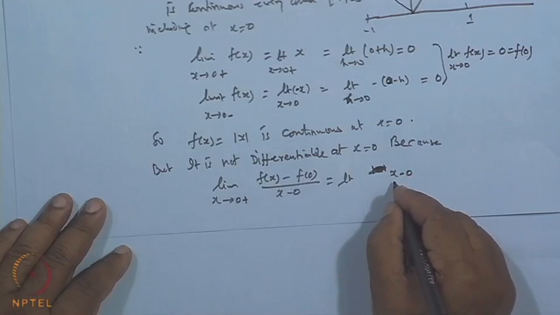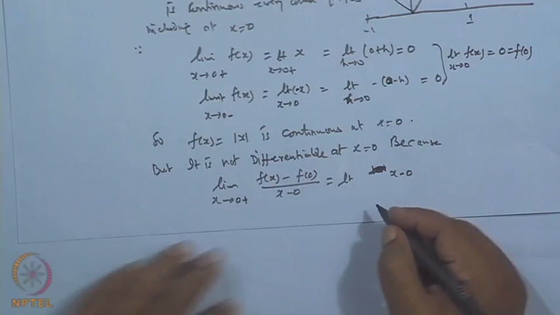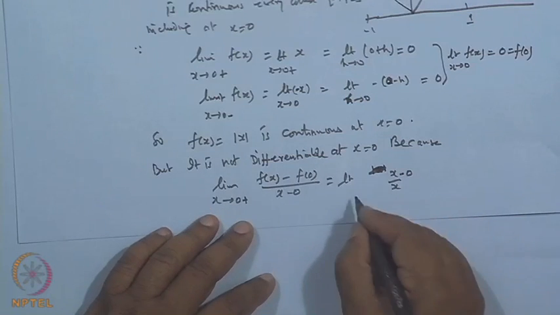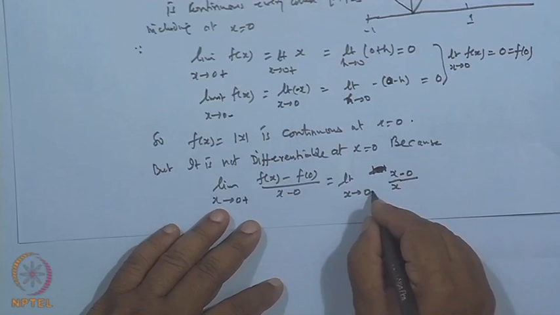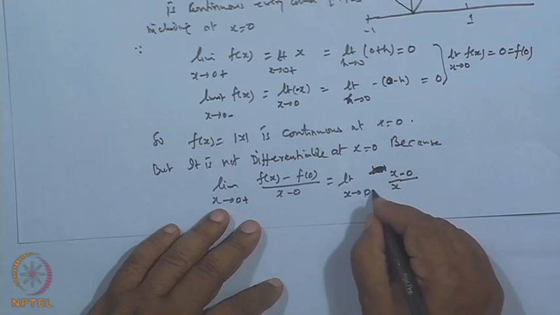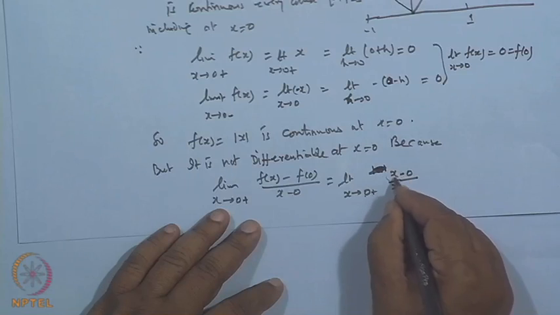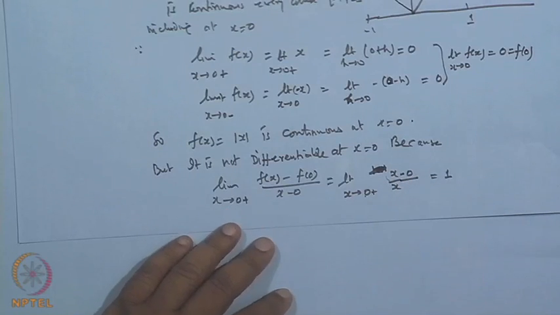So it is (x - 0) divided by x, as x tends to 0 plus. When x is positive, |x| equals x, so the limit comes out to be 1.